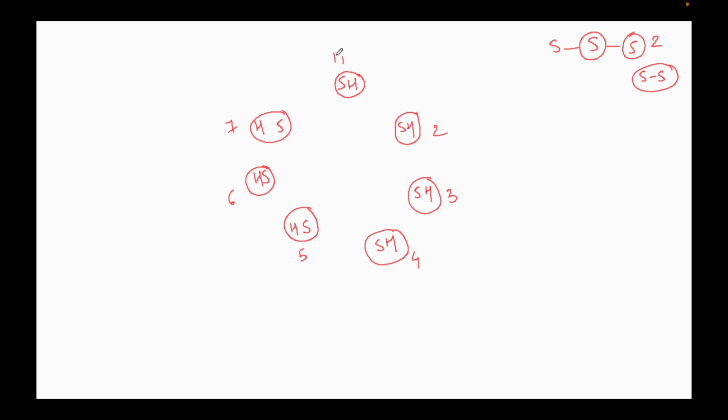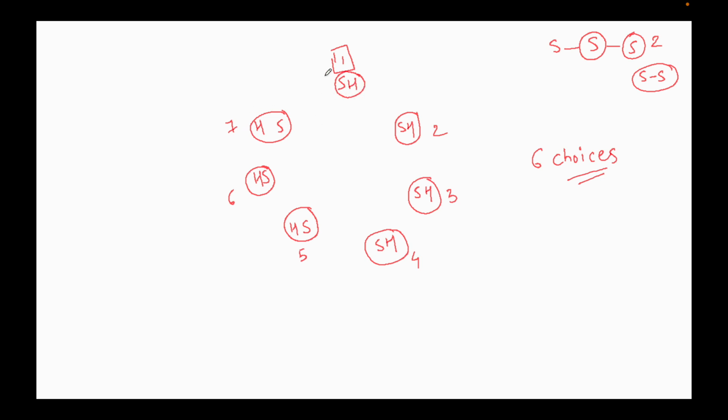So if we consider cysteine residue number 1, if we pick this cysteine molecule, it has 1, 2, 3, 4, 5, 6 choices. That is, this cysteine molecule can form a bond with 2, 3, 4, 5, 6 or 7.